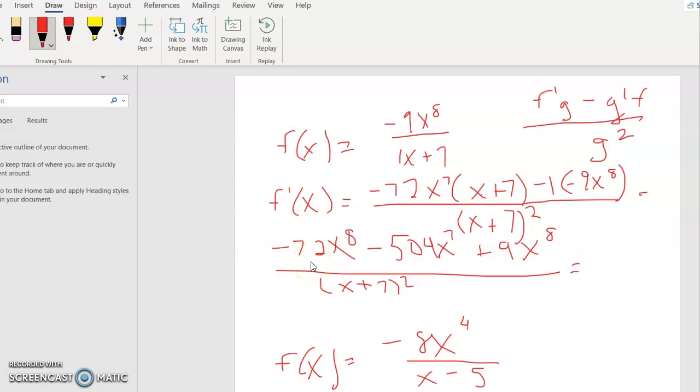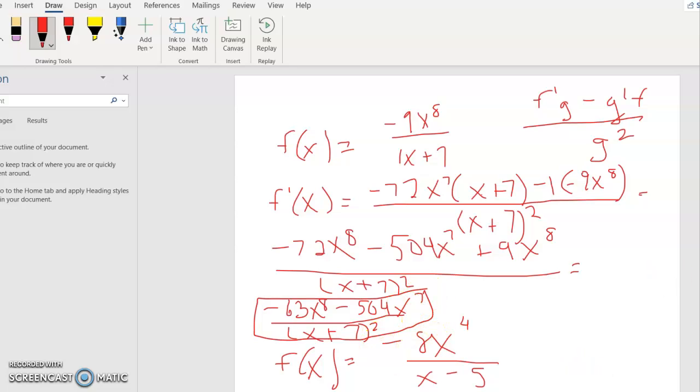So that's going to give us negative 63x to the 8th, minus the 504x to the 7th, and all over that bottom squared. And that is our derivative. Okay, so that's the answer you will put in the box.